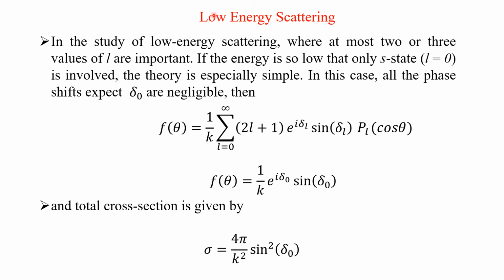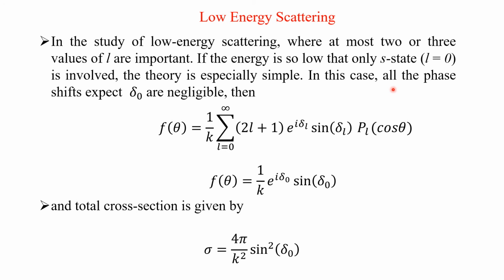Now we will see about low energy scattering. In the study of low energy scattering, where at most two or three values of l are important, we can ignore the higher l. If the energy is so low that only the S state is involved, the theory is especially simple.